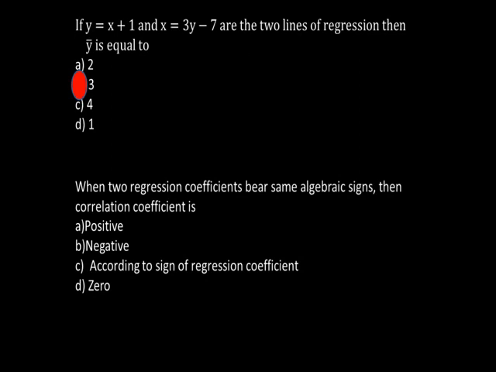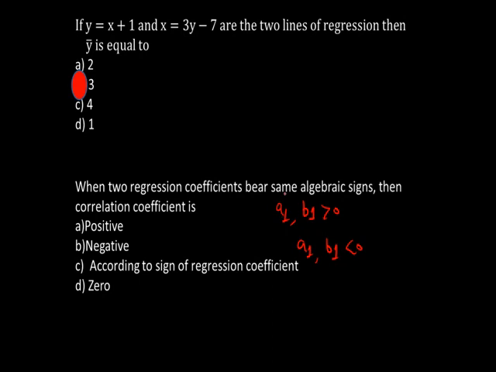It is not specifically mentioned that the two regression coefficients are positive or negative. It says that they have the same algebraic sign, right? So the possibility is either a1 and b1 are both positive, or a1 and b1 are both negative. Either both are negative or both are positive.